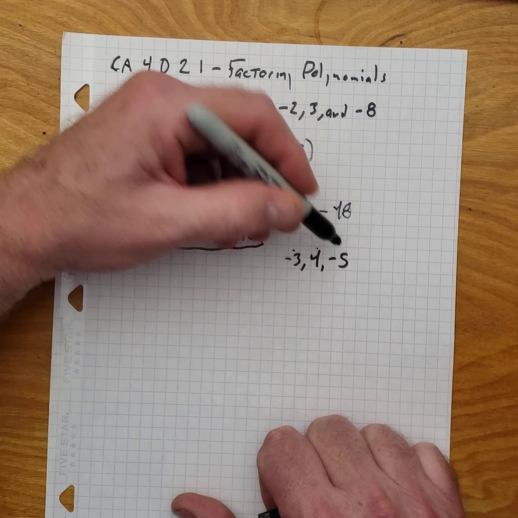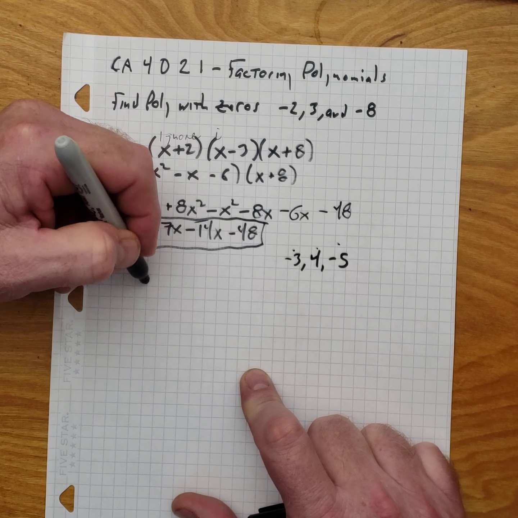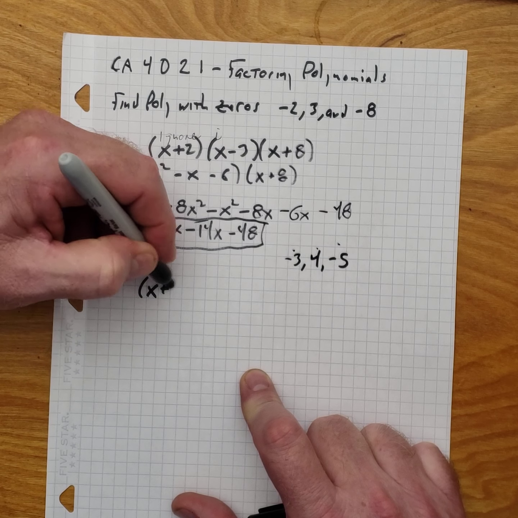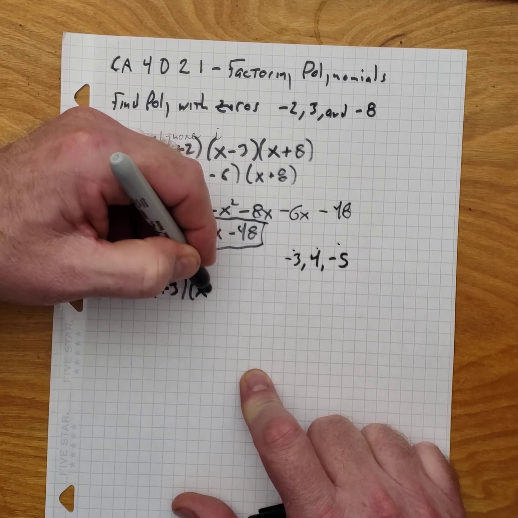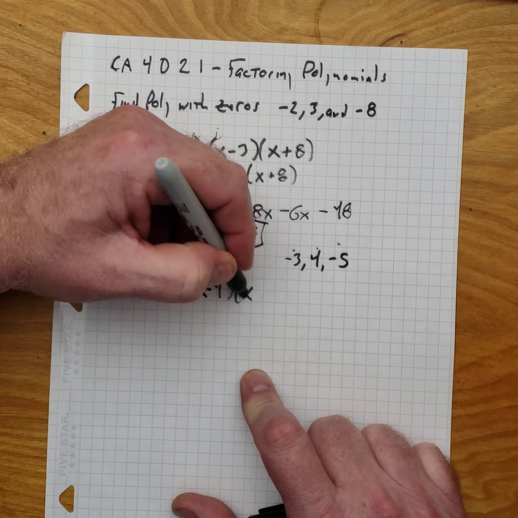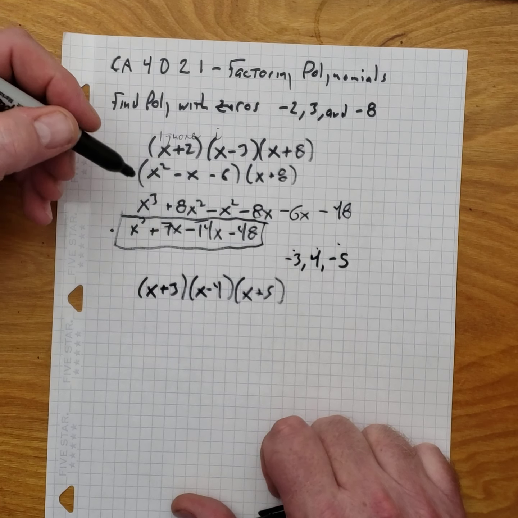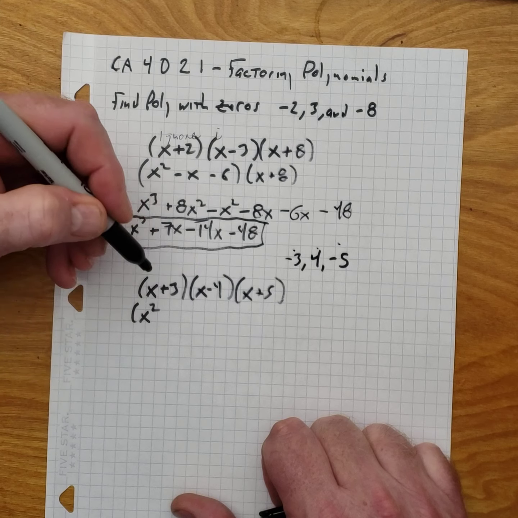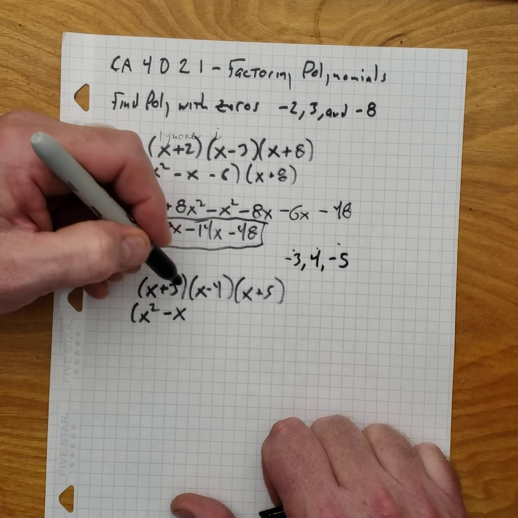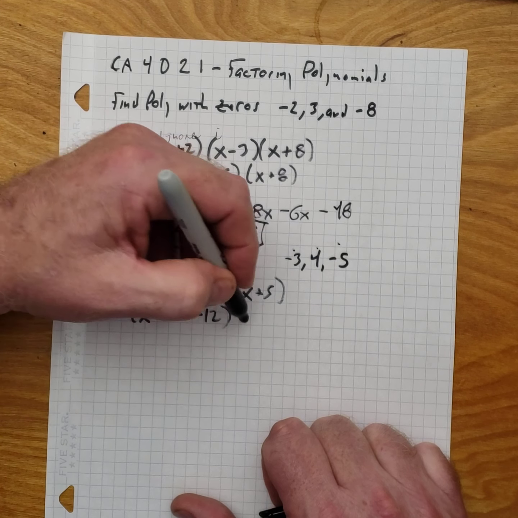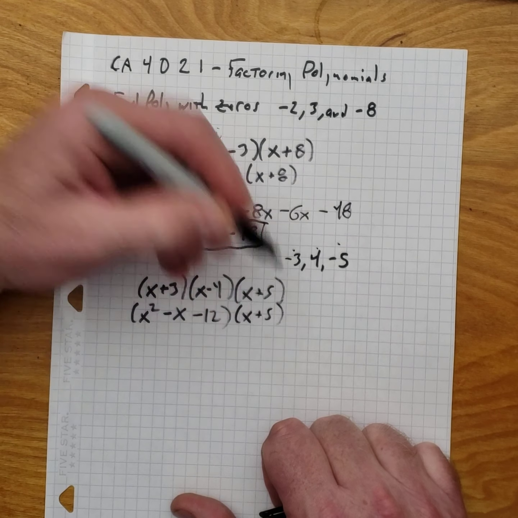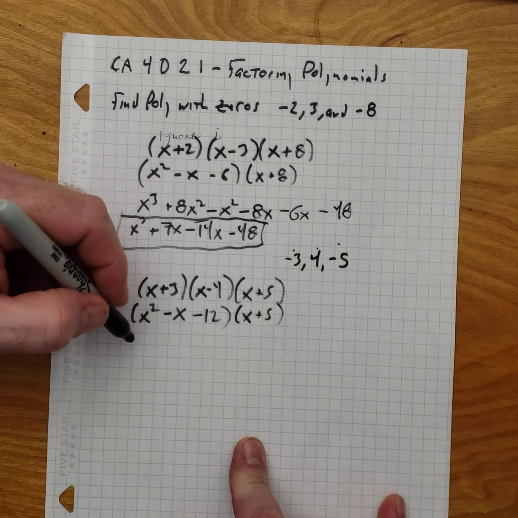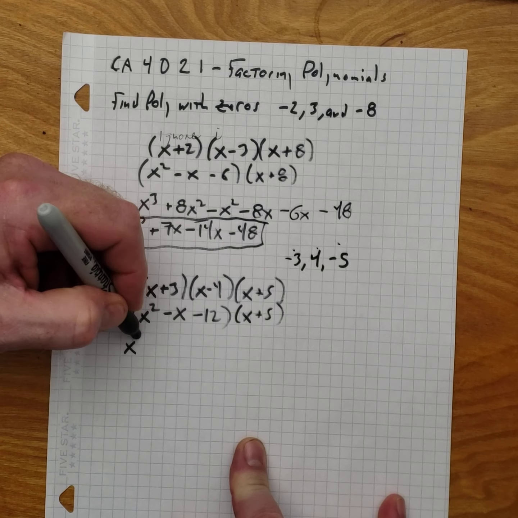We want zeros of -3, 4, and -5. So that's going to be x plus 3, x minus 4, and x plus 5. When we FOIL this here, we'll get x squared minus x minus 12 times x plus 5. And x squared times x is x cubed.